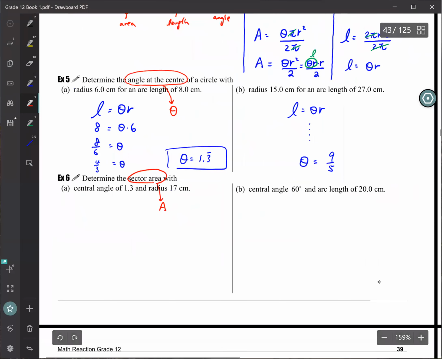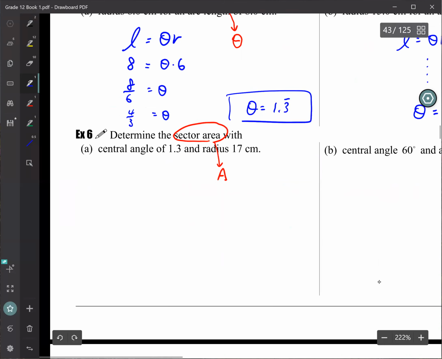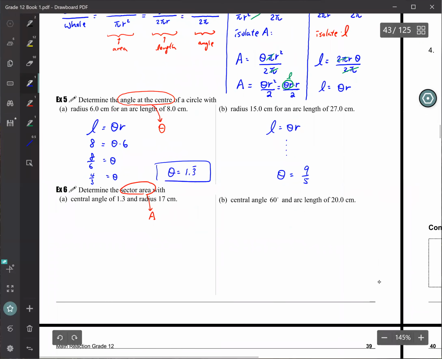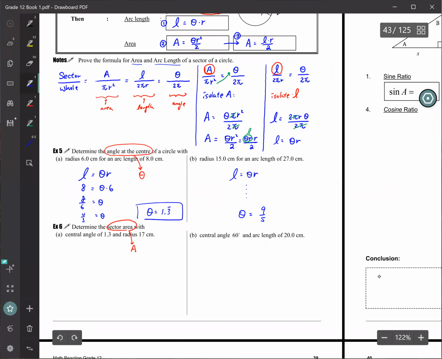Same thing, I'll let you try it. This is not too difficult, okay? Usually I will give you some hint or discuss about it, but I think this one is just choosing the formula and plugging the number in. You can handle it.